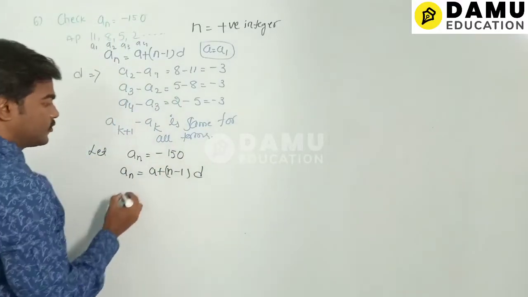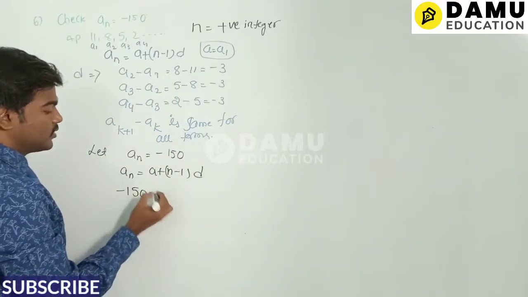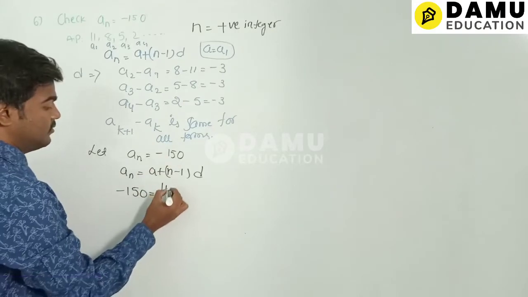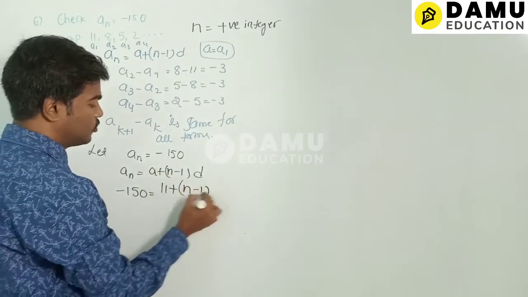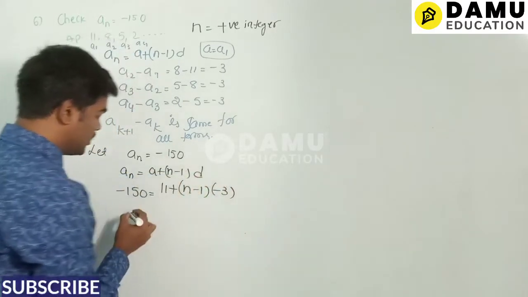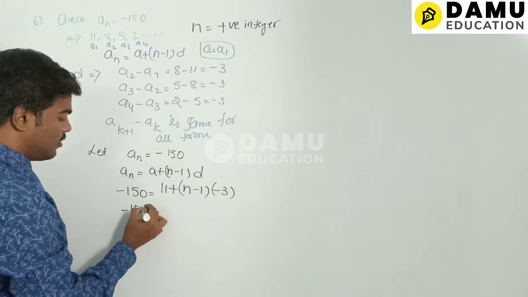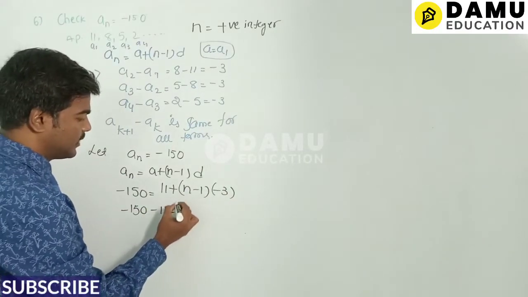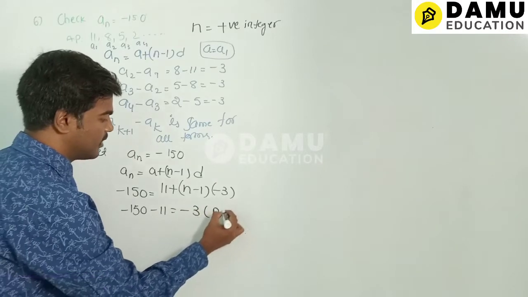in the given series. So minus 150 equals 11 plus n minus 1 into the common difference, minus 3. So minus 150 minus 11, that is minus 161, equals minus 3 into n minus 1.